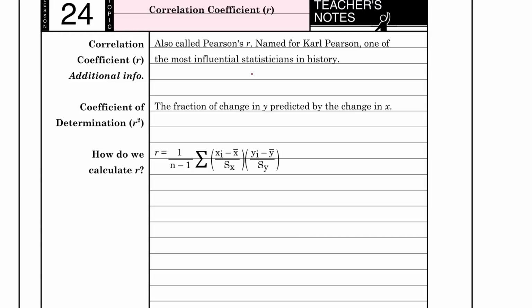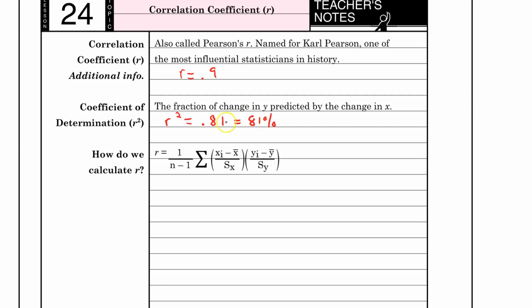When you perform the regression on a TI-84 calculator, in addition to reporting R, it will report R squared. R squared is called the coefficient of determination. It's the fraction of change in Y predicted by the change in X. It is literally the square of R. So if we had an R equal to 0.9, then R squared would be 0.81, and this is a percent, 81%.